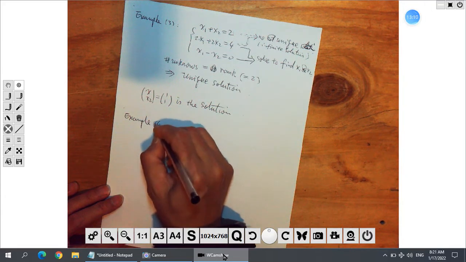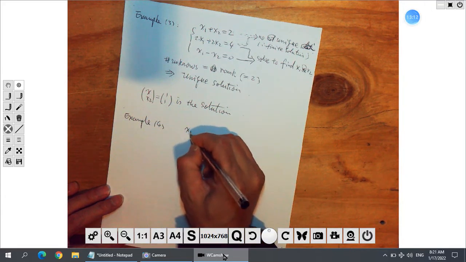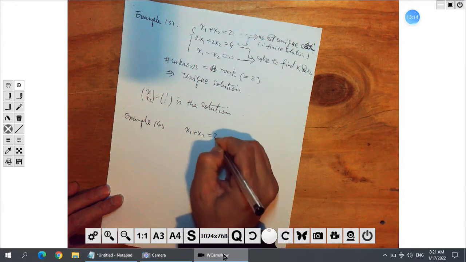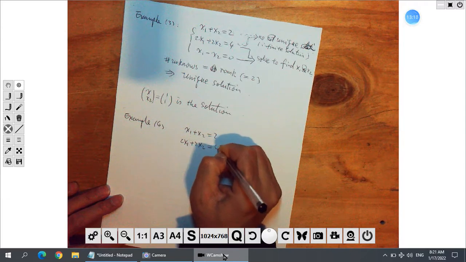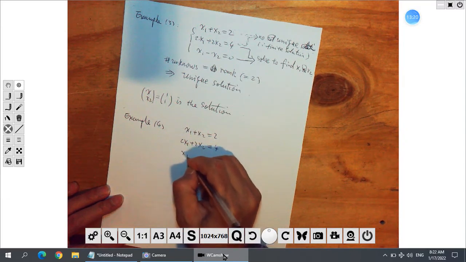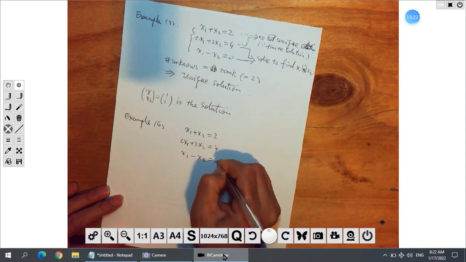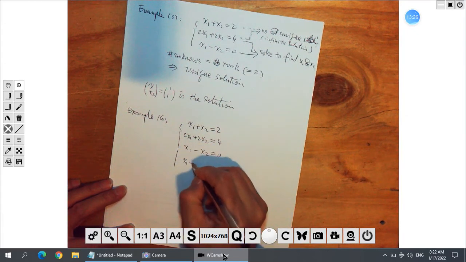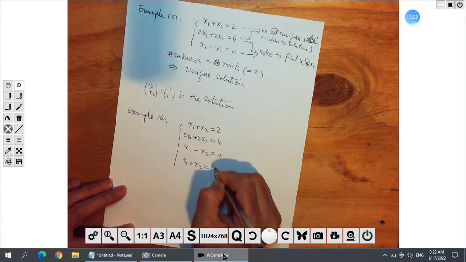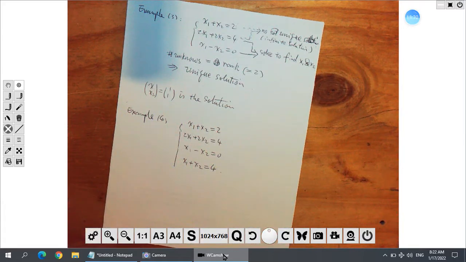Add 1 more equation. I copy these. I give 1 more: x1 plus x2 equal to 4. What will happen?